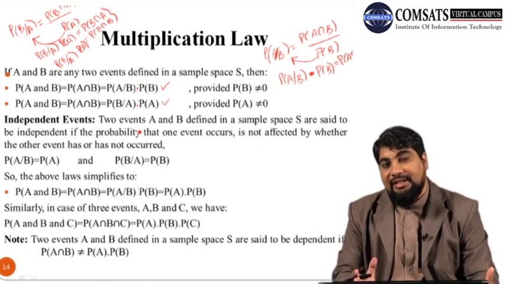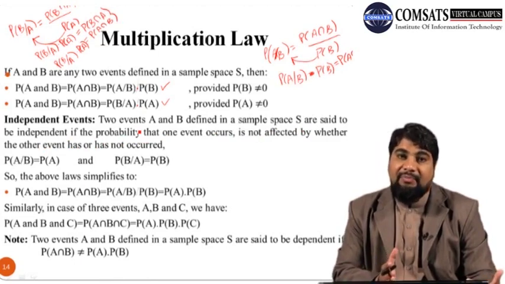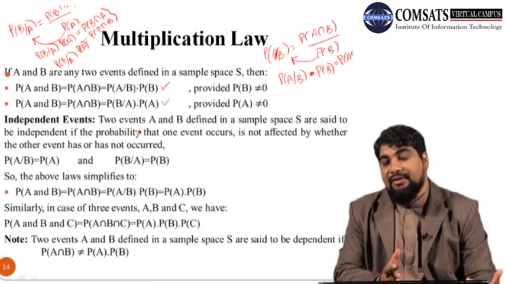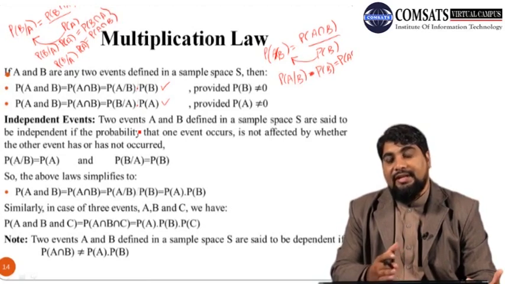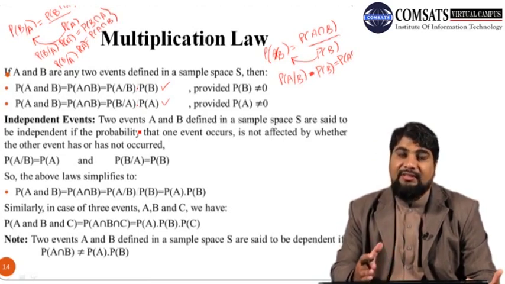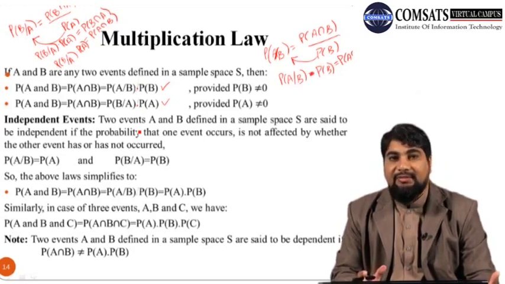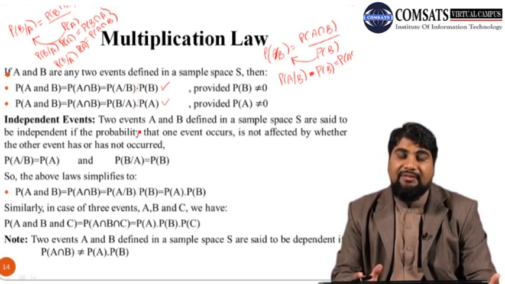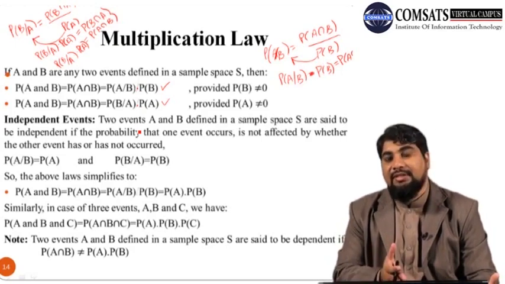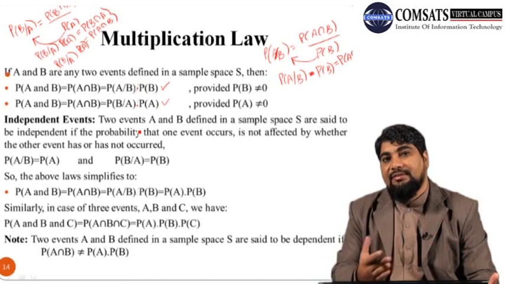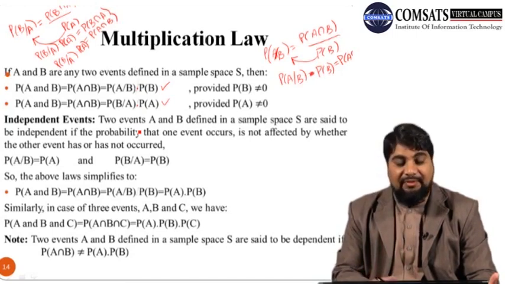So the occurrence of event A has no effect on the occurrence or non-occurrence of event B, or similarly, the occurrence of event B has no effect on event A. Then we say that events A and B are independent.